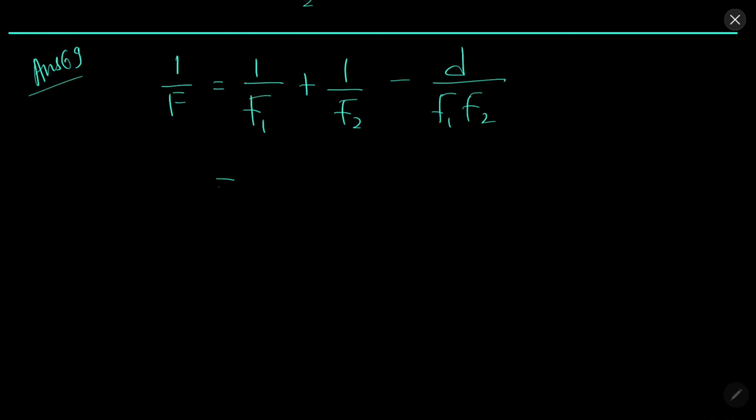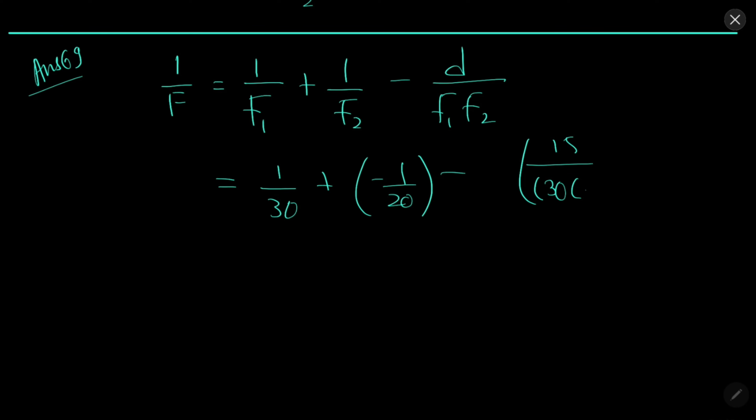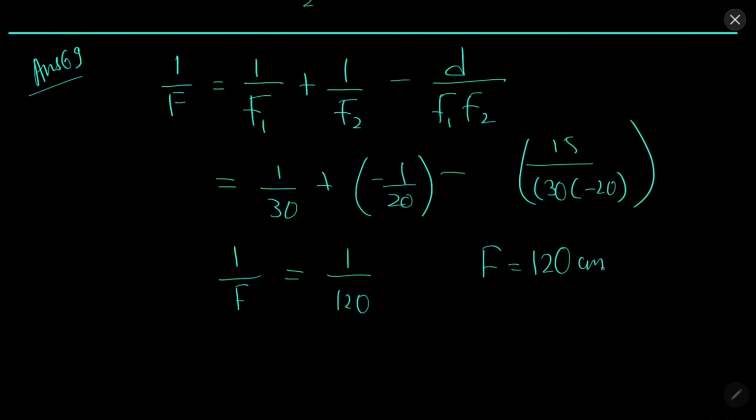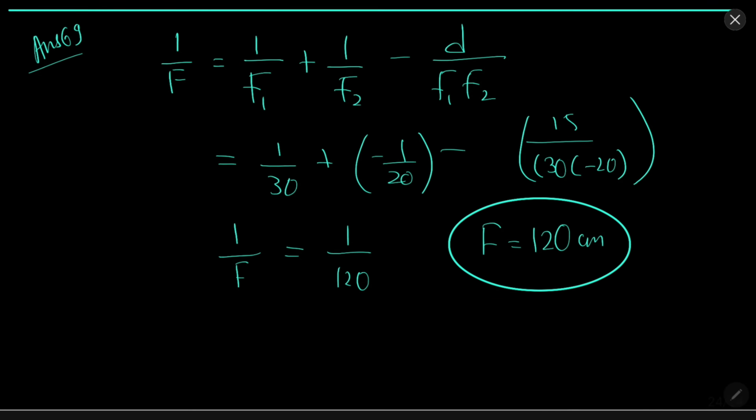This is the formula. 1 by 30 plus minus 1 by 20 minus 15 over 30 into minus 20. It will come out to be 120 centimeter. This will be the focal length.